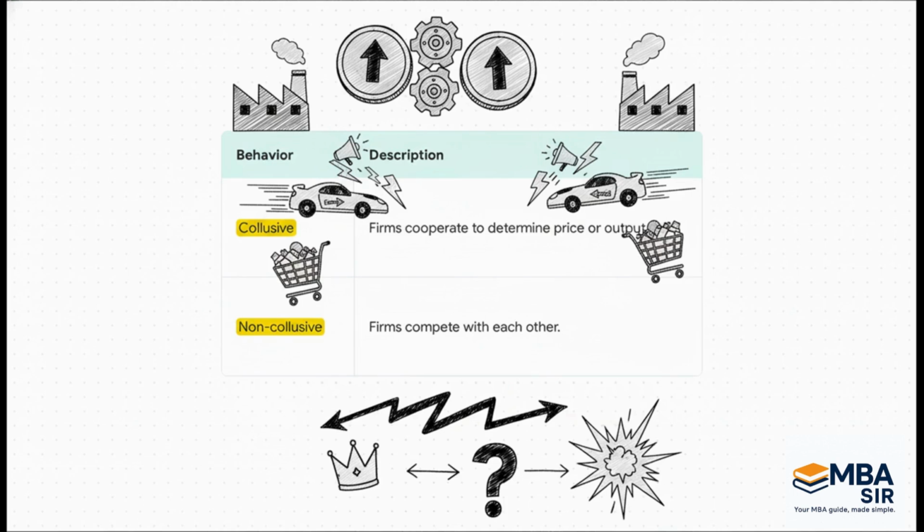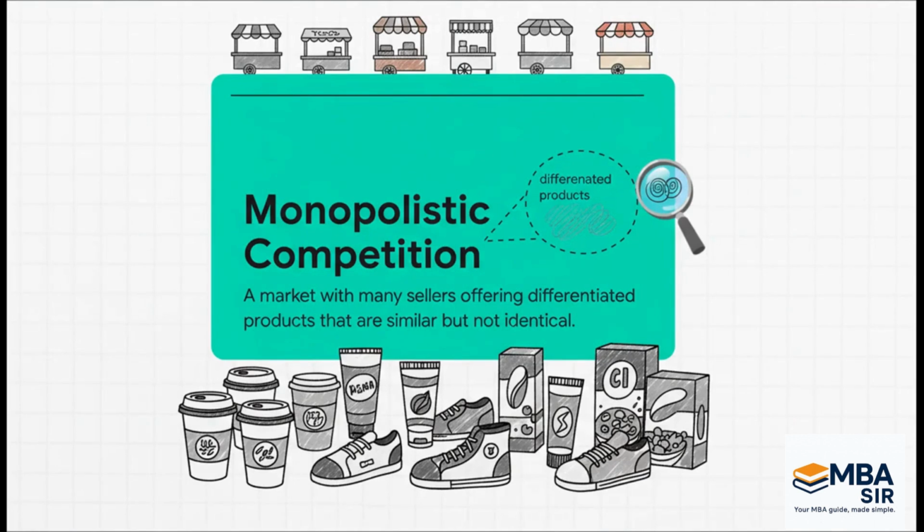And finally, we get to the structure that probably describes most of the things you buy every day: monopolistic competition. Now, this market has lots of sellers, kind of like perfect competition, but, and this is a huge but, their products are differentiated.